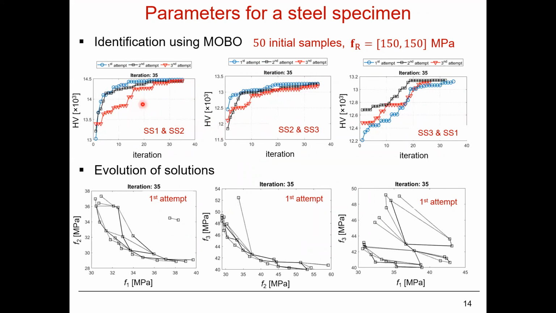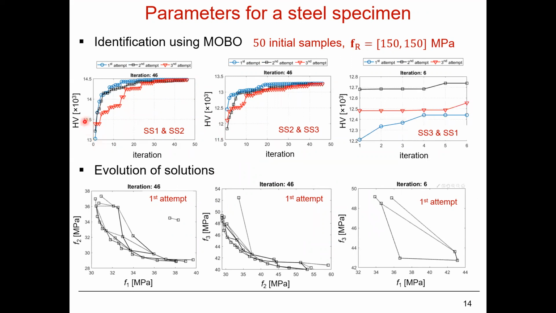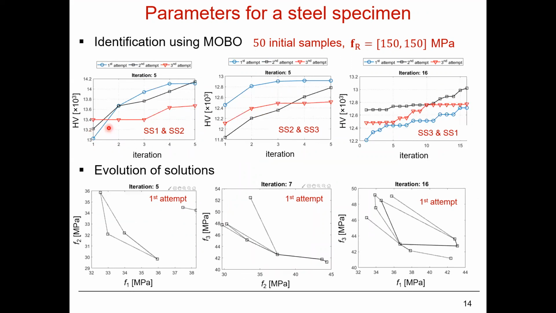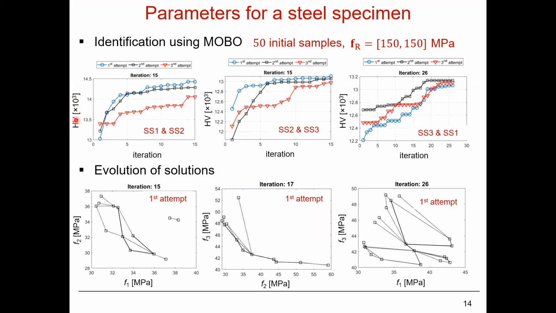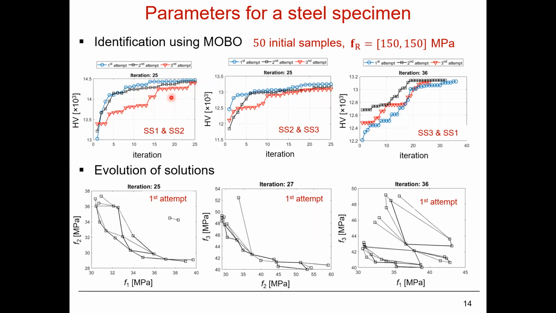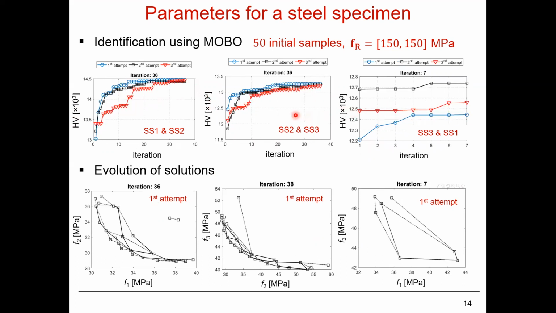In each identification case, we generate 3 different training data sets at the beginning of the BO. Here we have the history of the hypervolume measures for the 3 different Bayesian optimization runs of each identification case.